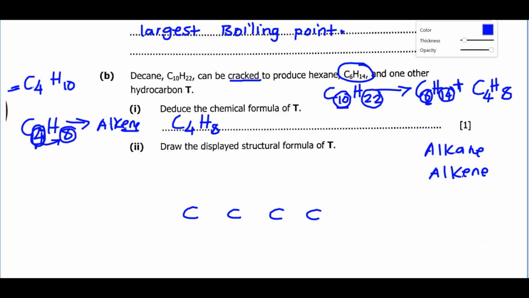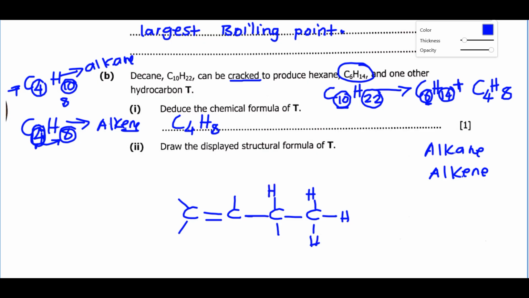Check out this one: here we have 4 carbons, but here we have 10. As long as there are 2 extra atoms of hydrogen beyond 4 times 2 is 8, then this is an alkane. So that's how you can use it. Whenever the number doubles to give you the number of atoms of hydrogen, then that is an alkene. So since it's an alkene, make sure you put a double bond between 2 carbon atoms. So with this, the hydrogen will balance: 1, 2, 3, 4, 5, 6, 7, 8.